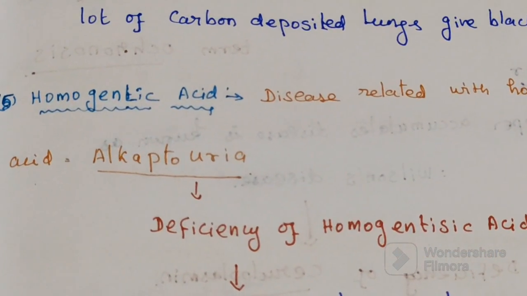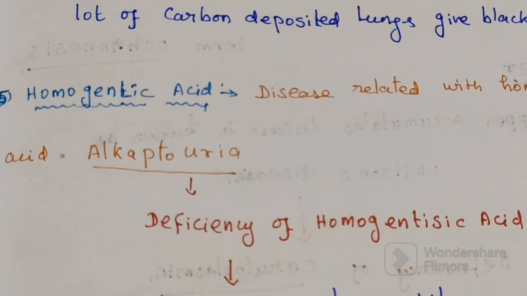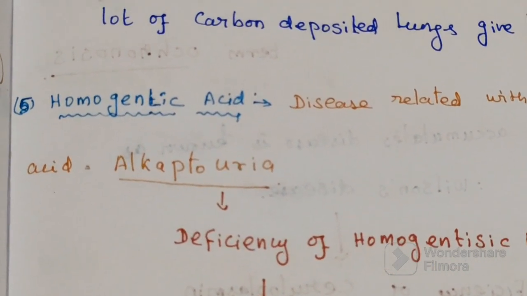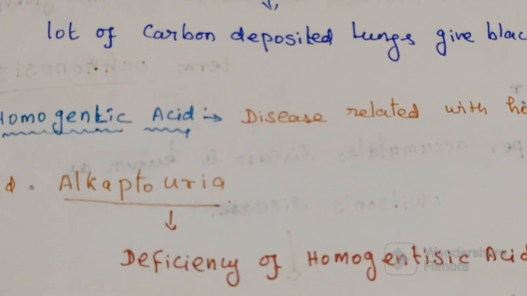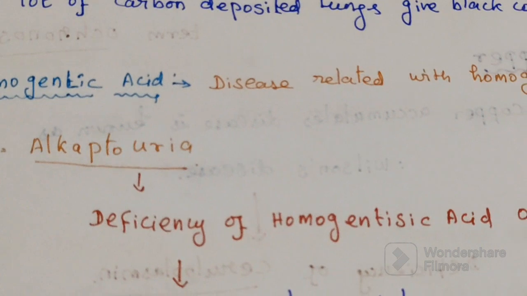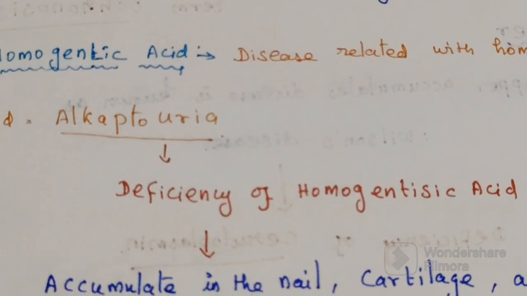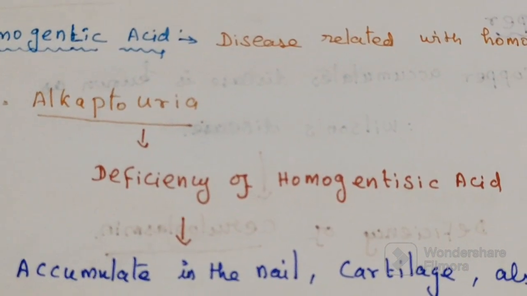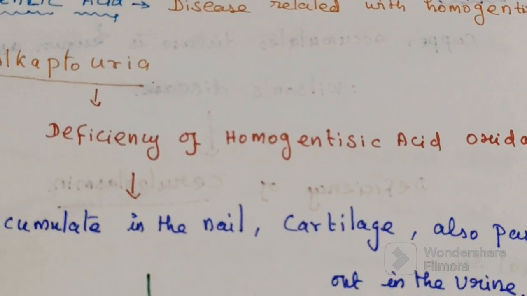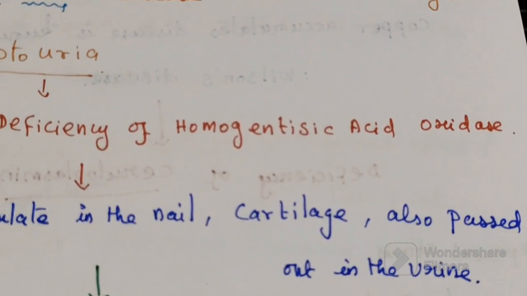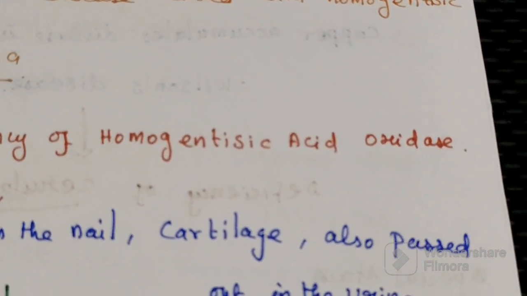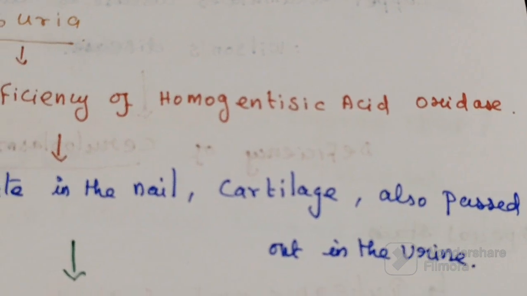The next pigment is called homogentisic acid. Is there any disease related to homogentisic acid? Alkaptonuria. What happens in alkaptonuria? There is deficiency of homogentisic acid oxidase.